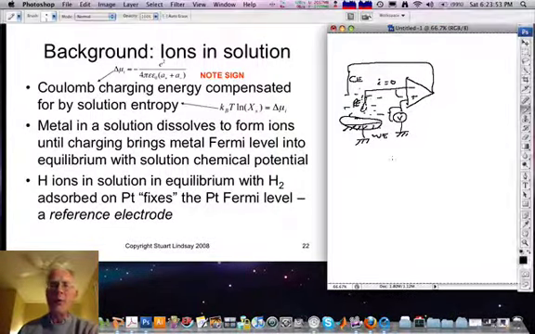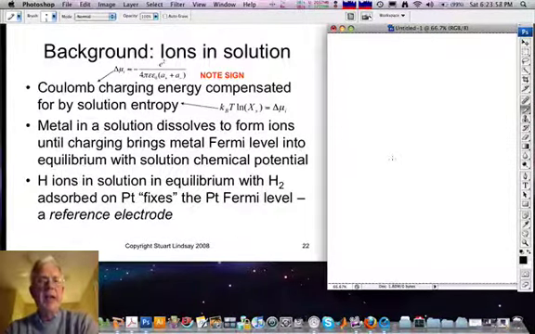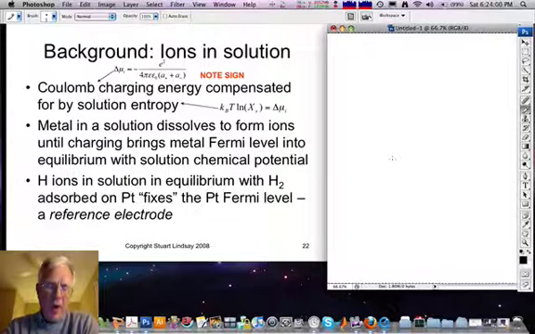Now, before we look at a practical electrochemical cell, we need to understand in the first place why ions would even go into solution. It costs energy to make an ion. This is the Coulomb energy, and it's shown here using an expression based on Coulomb's law in terms of e squared divided by the radius of the ion and the appropriate constants.